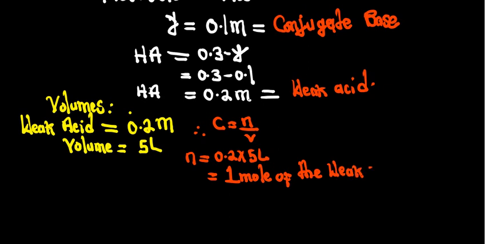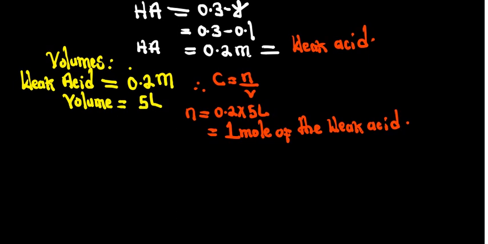So after finding 1 mole of the weak acid, how can we now get the volume? Remember that in the same question, we were given the concentration of the citrate buffer, 0.3. So I'm going to say concentration again is given by number of moles over the volume.